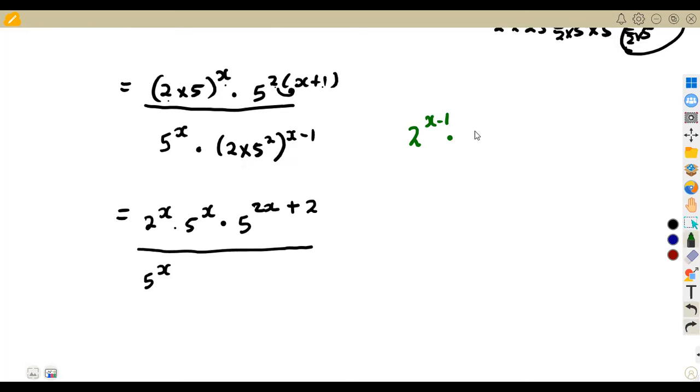So we are back to the concept of an exponent of an exponent, where we multiply everything by the given exponent. This is going to be 2 to the exponent of x minus 1 times 5 to the exponent of 2x, and 2 times negative 1 is negative 2.